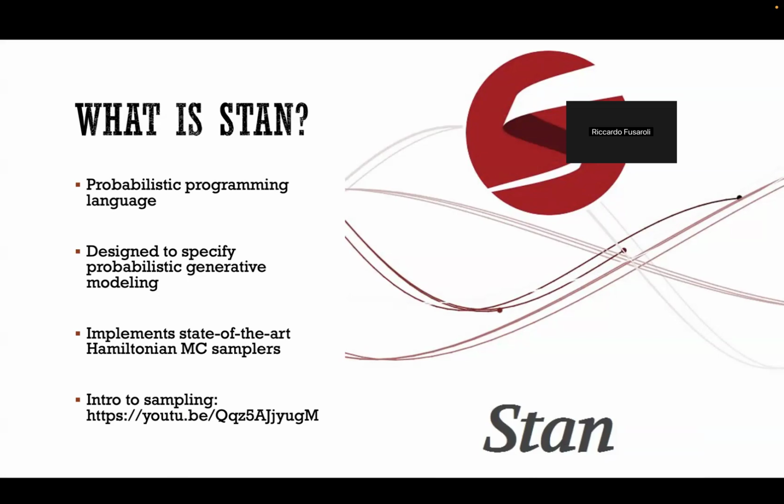And it's designed to write down probabilistic generative models, right? So formalized models of a mechanism that generates data according to distributions. It implements state-of-the-art Hamiltonian Monte Carlo samplers, which is the reason I use it compared to JAGS, which Josh prefers because he learned it before Stan became popular.